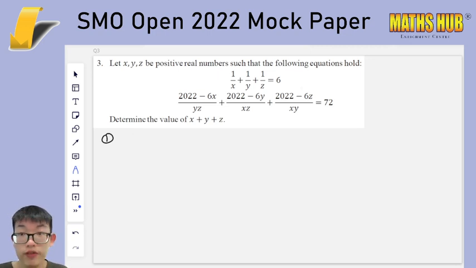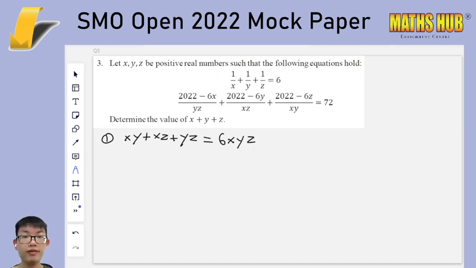The first one, if multiplied by xyz, gives you xy plus xz plus yz. Not in the same order, but it doesn't matter. This symmetric sum is equal to 6xyz. The second equation, if you multiply by xyz, you would get 2022x, 2022y, and 2022z, which I'll write down that way.